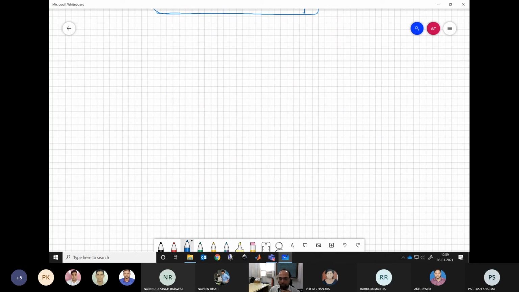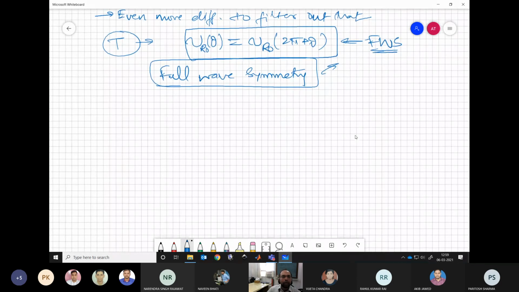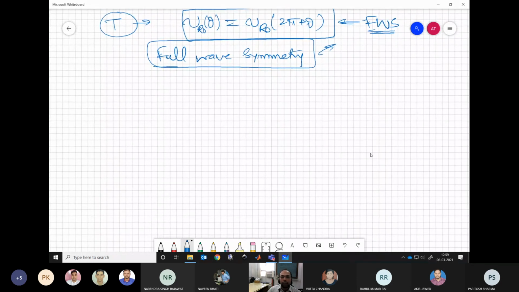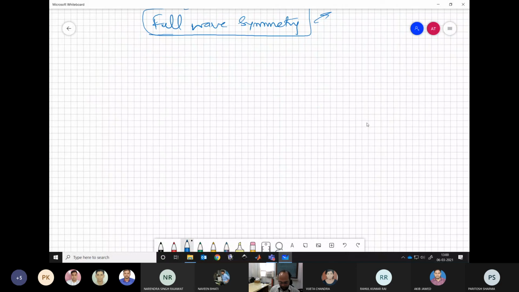Now, once we have maintained this full wave symmetry, what is the other thing that we can have in our waveform? So one more condition I will discuss today and then we will discuss further in the next class. So let us say our two waveforms I will draw over here for comparison.